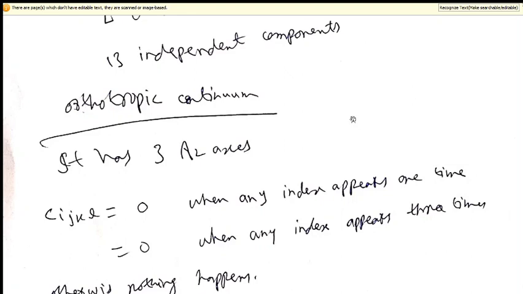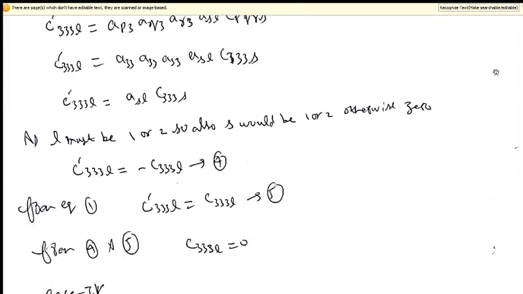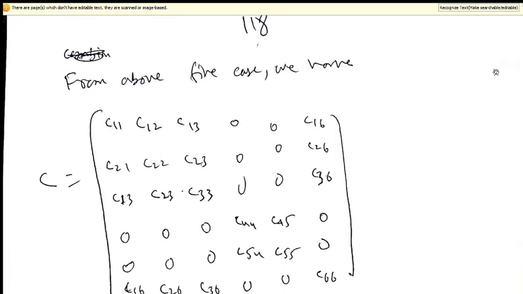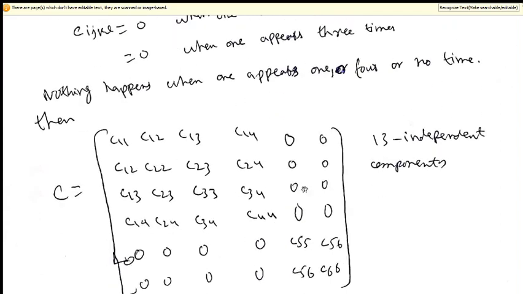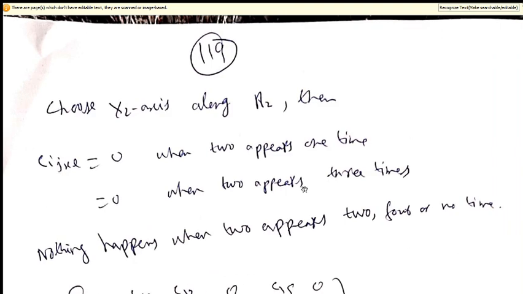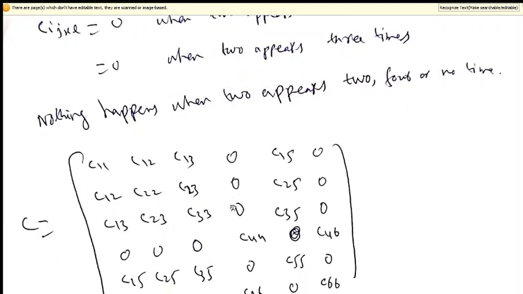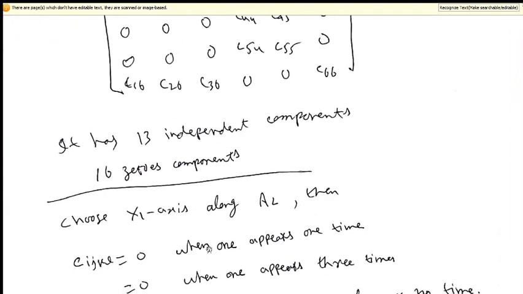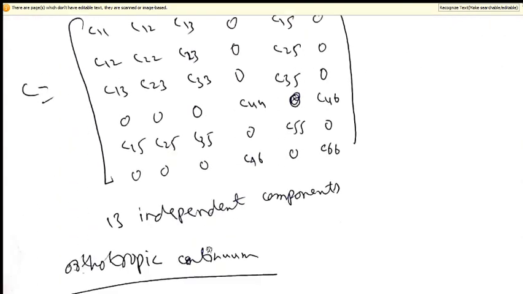When we take x1 along the A2 axis and repeat all the procedure, we have this C, and when we take x2 we have this C, and when we take x3 we have this C, and by combining these three C's we have matrix C for the orthotropic continuum.